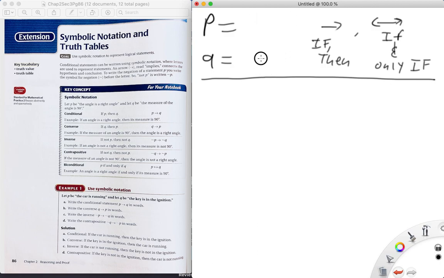Let's write smaller. P is the hypothesis. Q is the conclusion. Then we have this little squiggly line. So this little squiggly line means the negation, or not. So you can think of it as not, or you can think of it as negation.